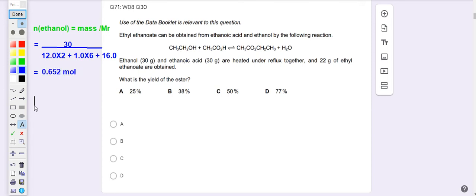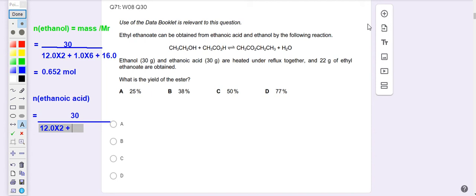Okay, next we will find the number of mole of ethanoic acid. Same method. They also use 30 gram. So that means there must be one of them that will be the limiting reagent. 12.0, also 2 carbon.